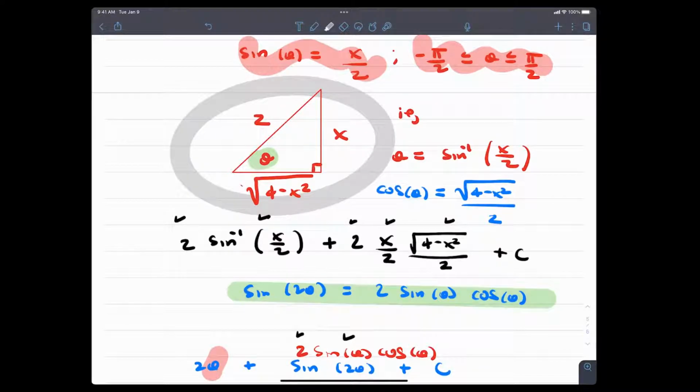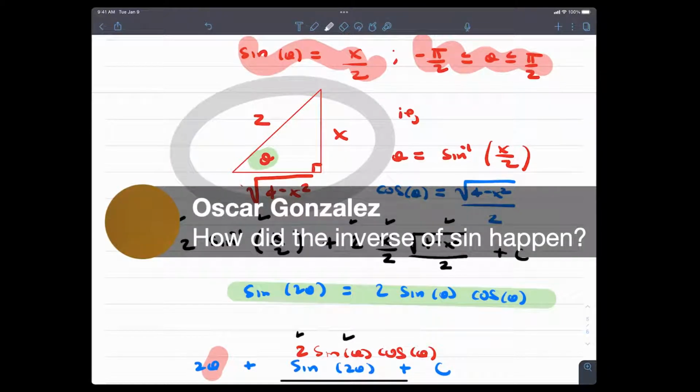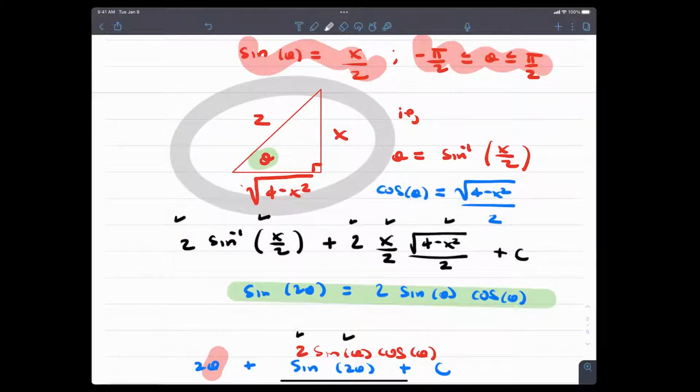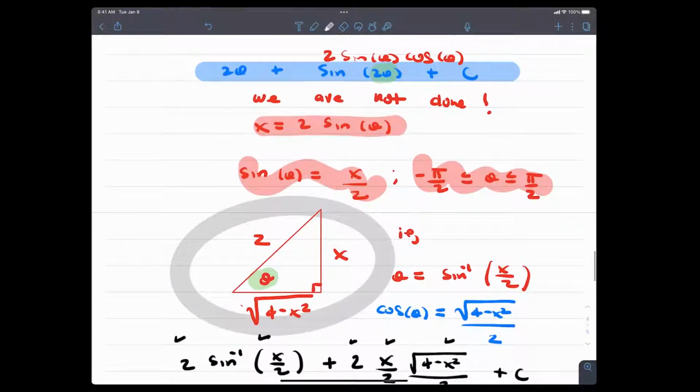Just looking at this. All right, well, let's look at this next situation. Because we say that there's actually the inverse sine. Does the inverse sine happen here? Well, go back to this assumption here. Remember the substitution.